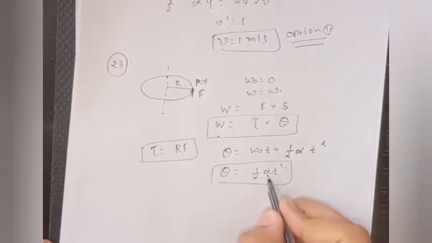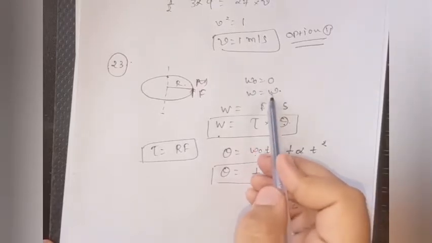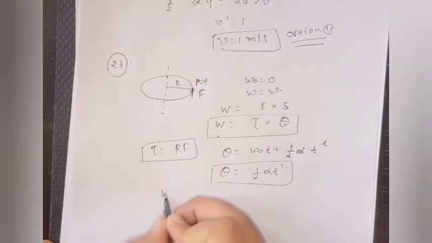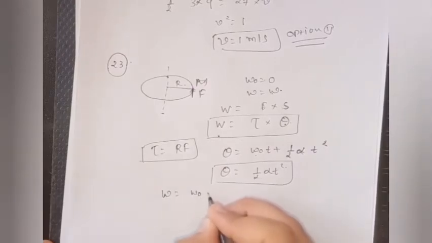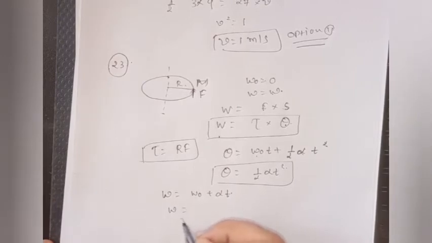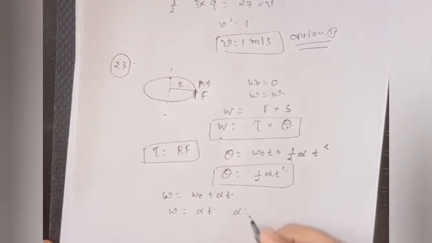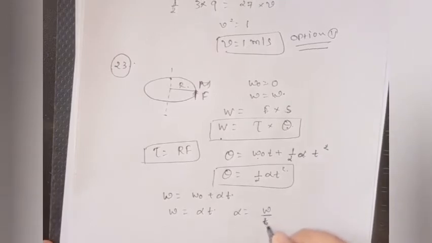Now we have to find the angular acceleration alpha. For that we know initial and final angular velocities, so we can use this equation: omega is equal to omega naught plus alpha t. Omega naught is 0, so omega is equal to alpha t, so alpha is equal to omega by t.